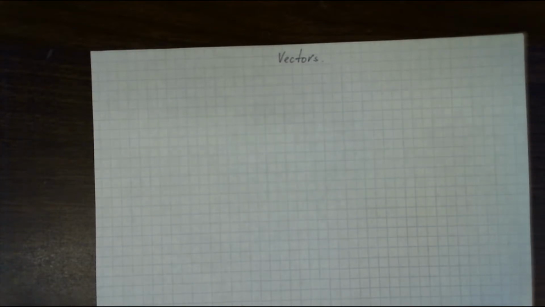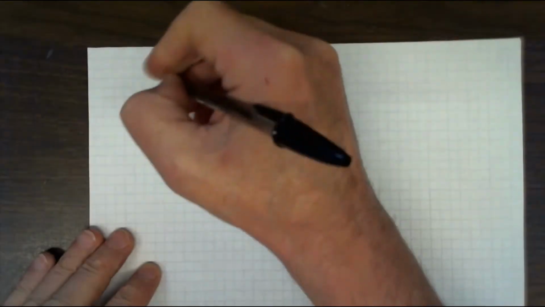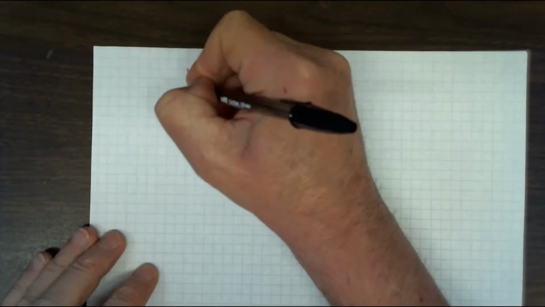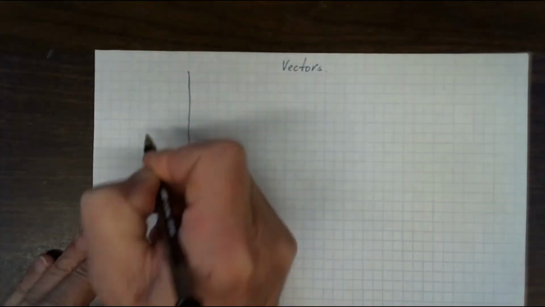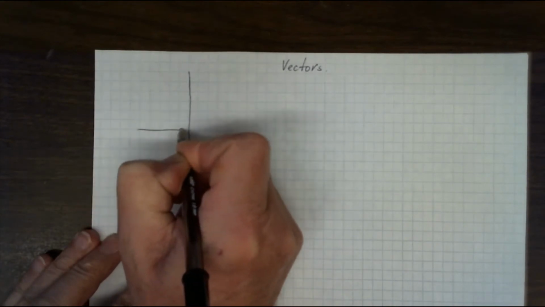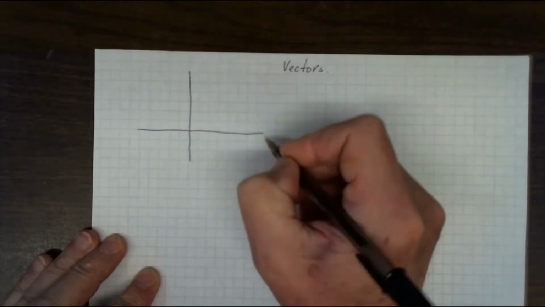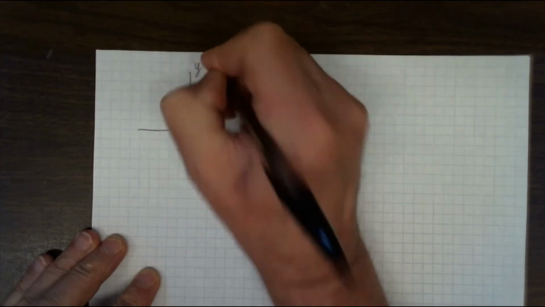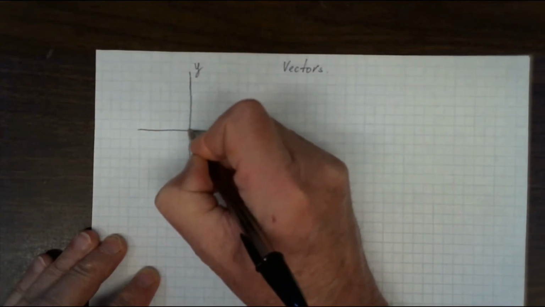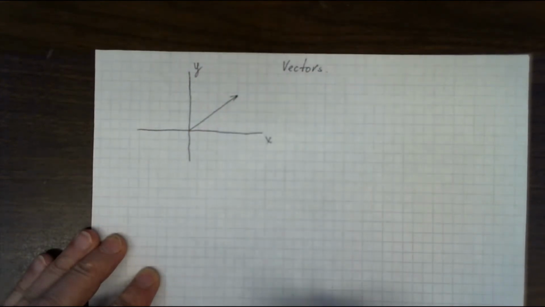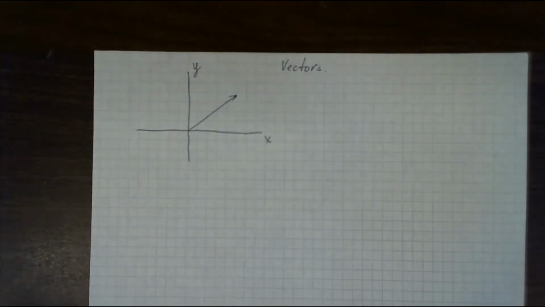So, in 2D space on the xy plane, a vector is shown as an arrow. The number we associate with a vector, which we will call the magnitude of the vector, and the direction.